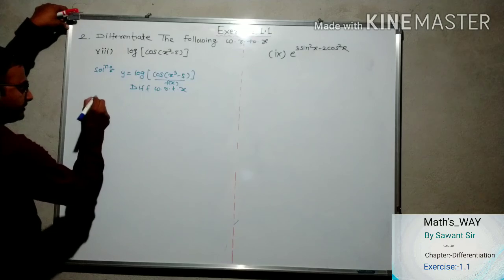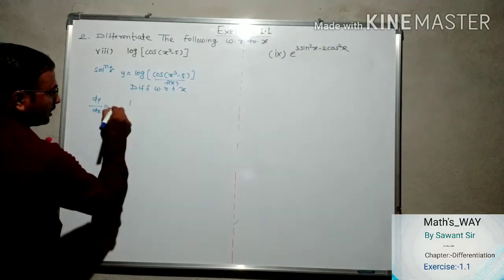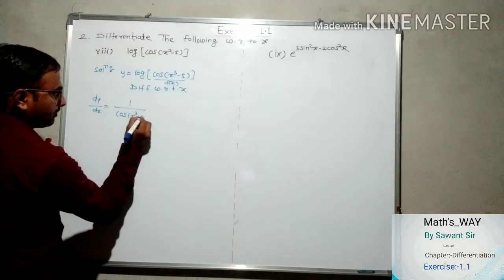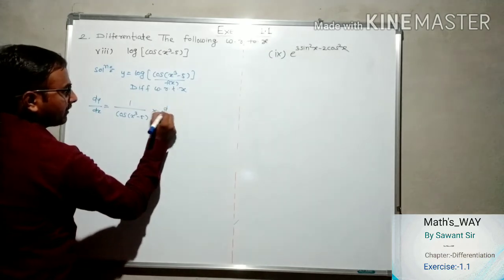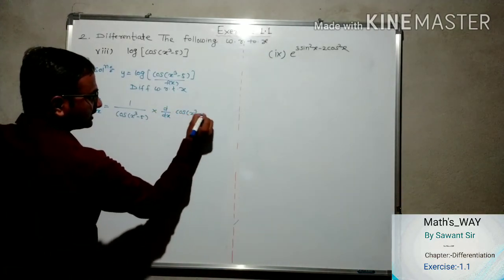So differentiate y with respect to x. dy by dx is equal to derivative of log of f of x, so 1 upon f of x, which is 1 upon cos of x cube minus 5, into f dash of x. So f of x is cos of x cube minus 5.